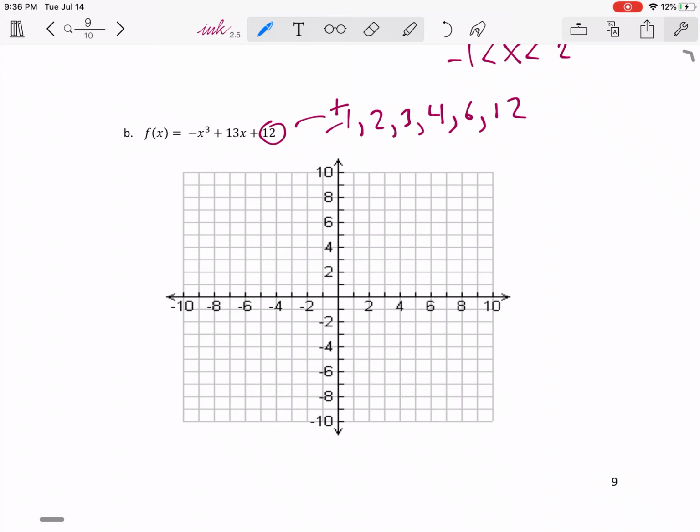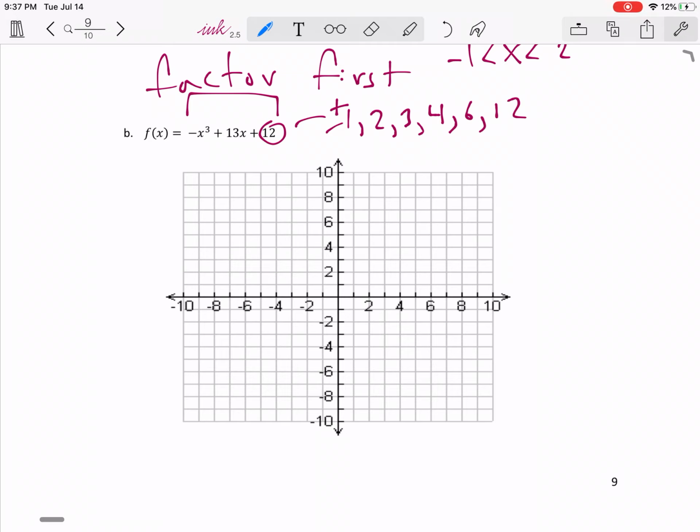Remember, the first thing we want to do here is factor this whole function. But because it's a cubic function, or it contains a cube, it doesn't contain a square, it's too hard to factor. So this is where we use that trial and error method, where we go through those and determine which one's the factor.